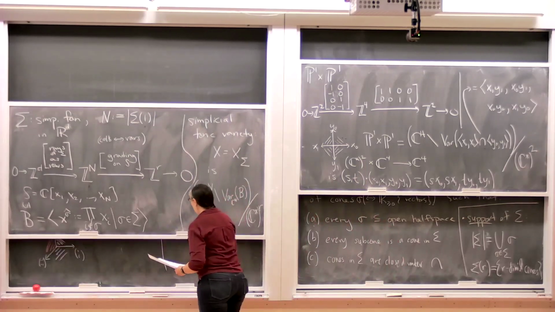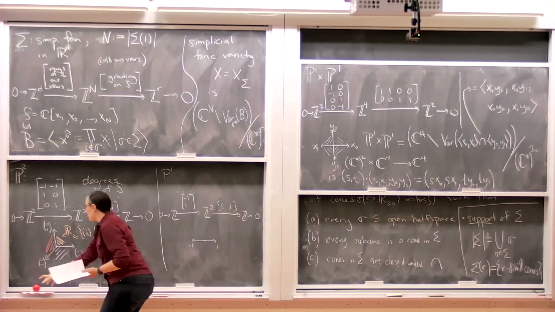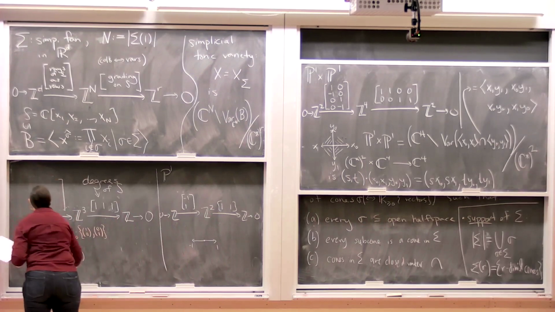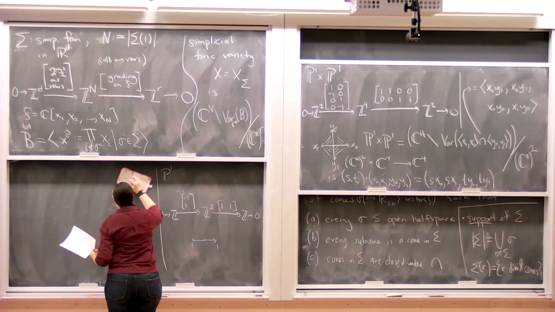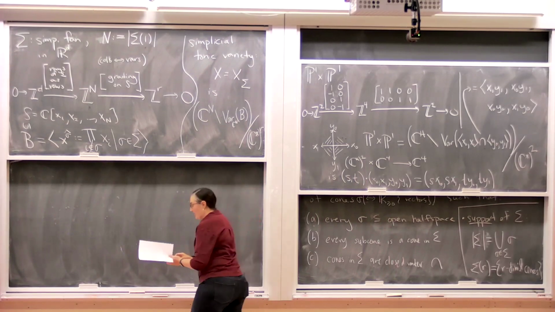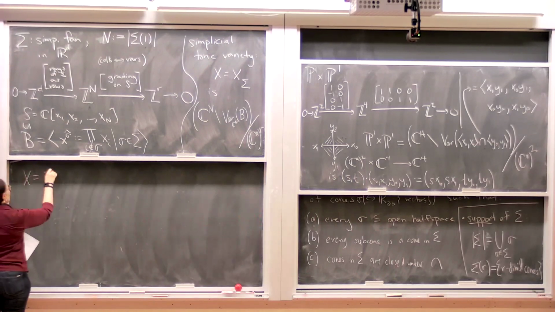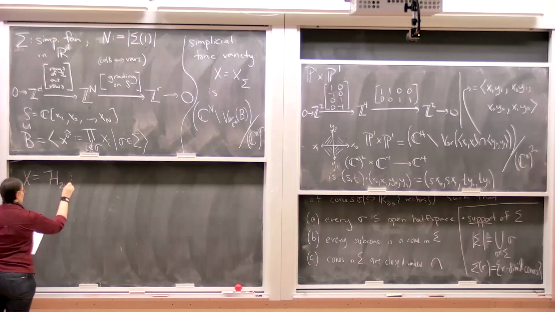Right, I want to give you one quick example that isn't a product of projective spaces, just so you can see what that looks like. It's actually a P1 bundle over a P1, which if that means nothing to you is totally fine. So this is the second Hirzebruch surface.